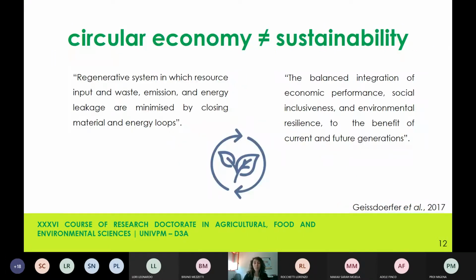But we have to remember that circular economy is not a synonym of sustainability, because while circular economy is a regenerative system or model, sustainability is a paradigm, meaning the balanced integration of economic performance, social inclusiveness, and environmental resilience in order to bring benefits not only to us, but also to future generations. So we can see that circular economy is a big part of the so-called sustainable development.